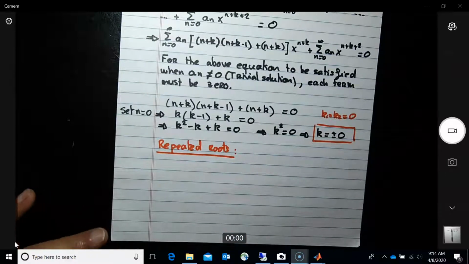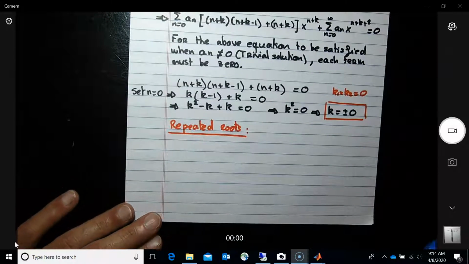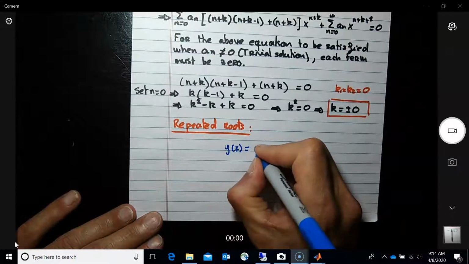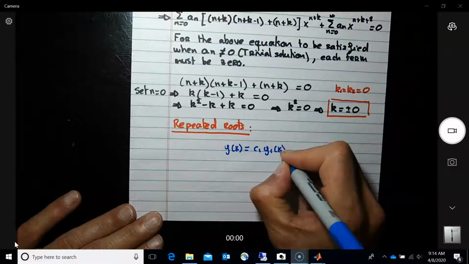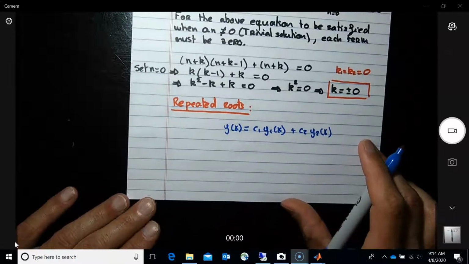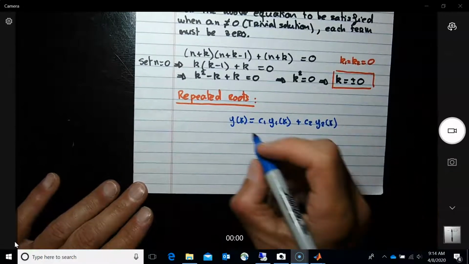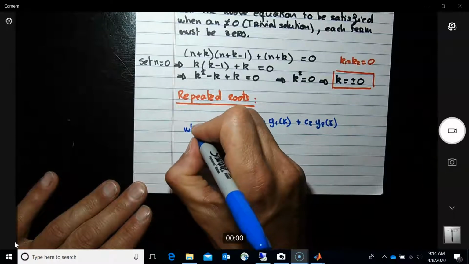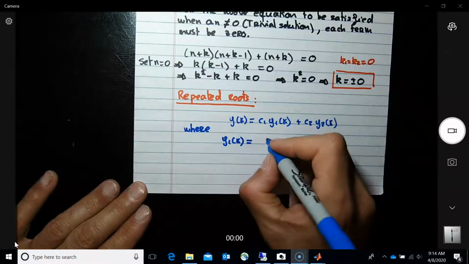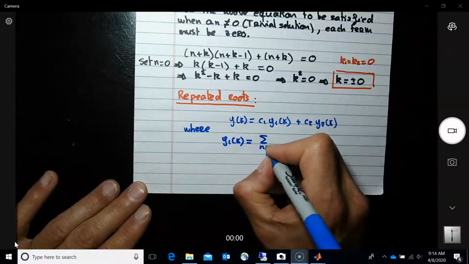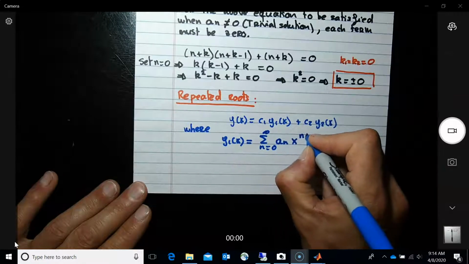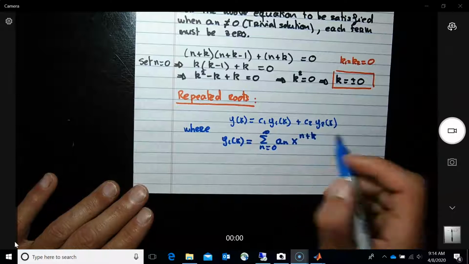And in that case, if you go to the previous notes, you know that the general solution will be of the form y of x equal c1 y1 of x plus c2 y2 of x, where y1 of x will be the summation from n equal to 0 to infinity, so this is the traditional one, x to the n plus k. In this case, k is 0.